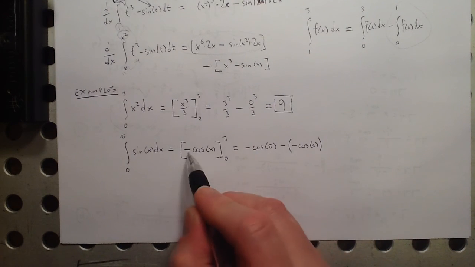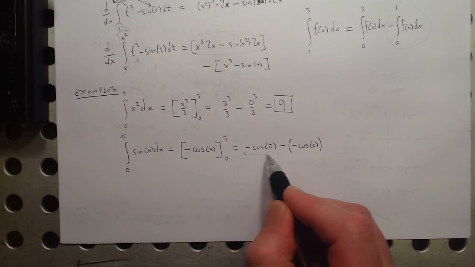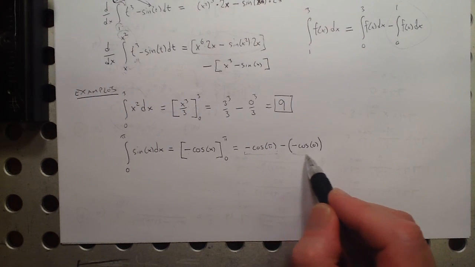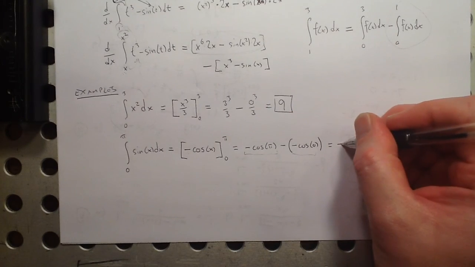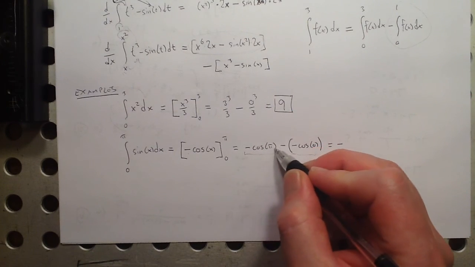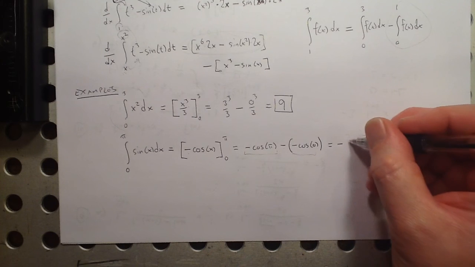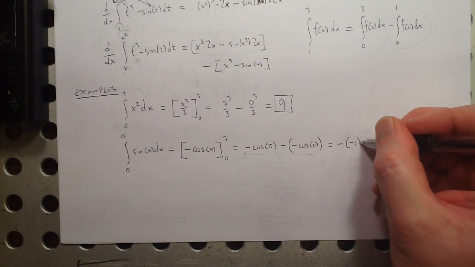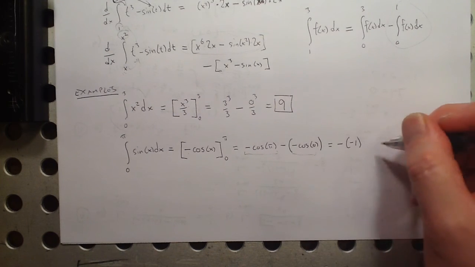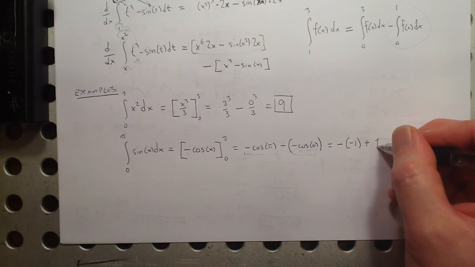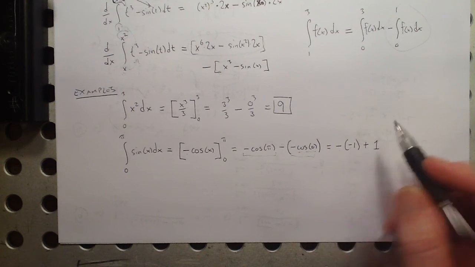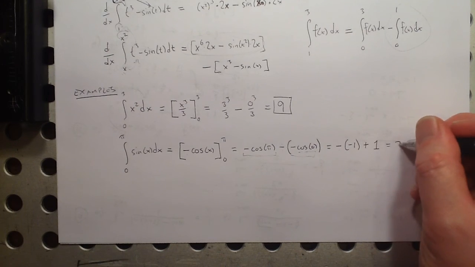I have a negative in here, so negative cosine of pi minus negative cosine of 0. So a negative sign there. The cosine of pi is negative 1. Minus minus, that's plus. The cosine of 0 is 1. Negative negative 1, that's 1 plus 1 is 2.